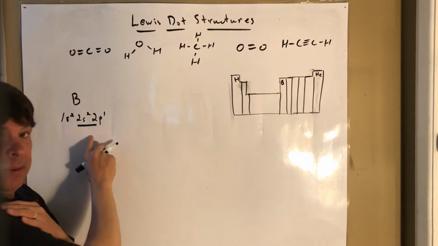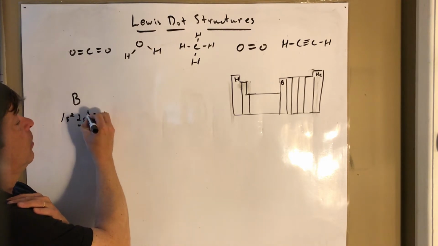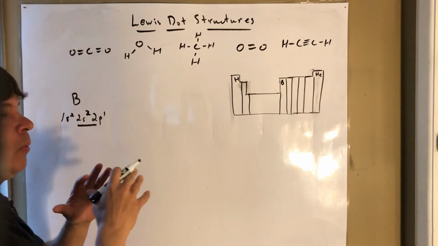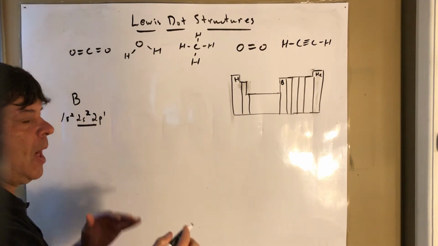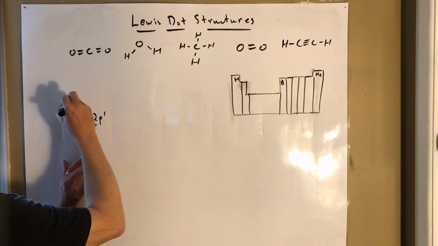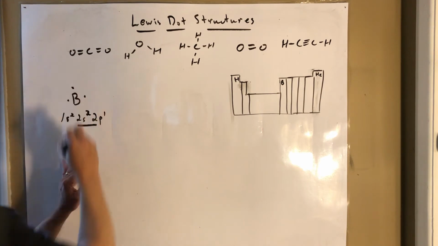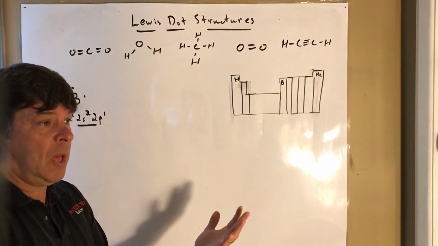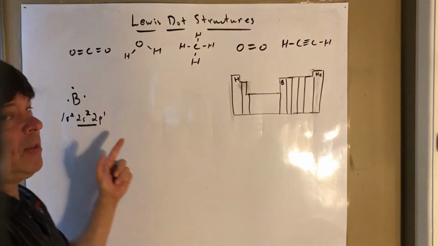So there's three here. 1, 2, 3. So the way we want to represent boron is just simply put 1, 2, 3 dots around the symbol. That's all. Notice I separated them as much as possible.